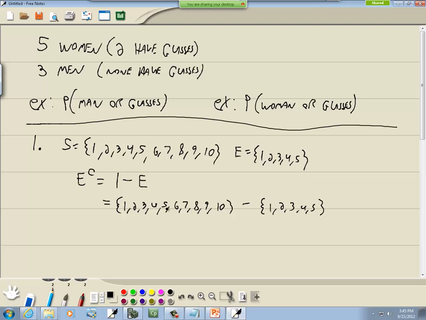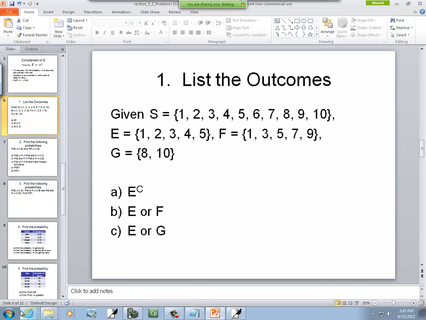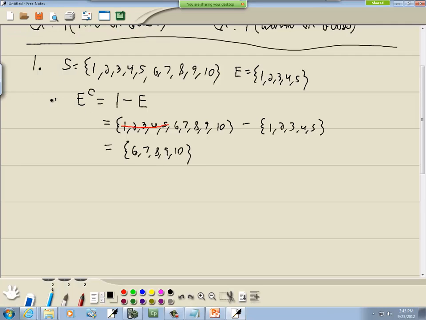Well, if I take that list here and subtract off 1 through 5, that's going to leave me 6 through 10. So this will be 6, 7, 8, 9, and 10. So that's how the complement works. You take S is everything, minus whatever's in E, and then that leaves you what's left. That's part A.